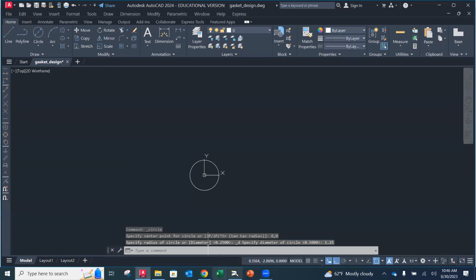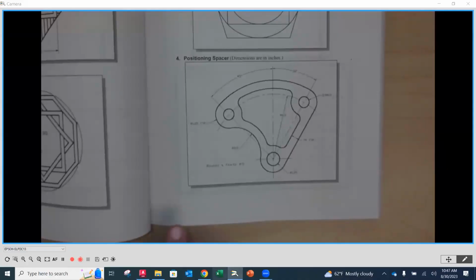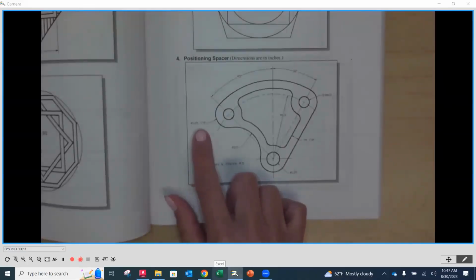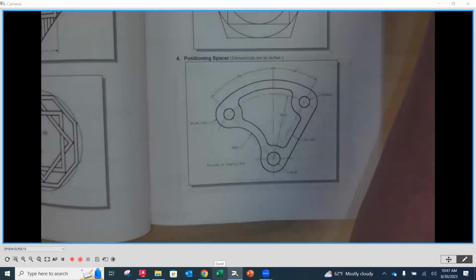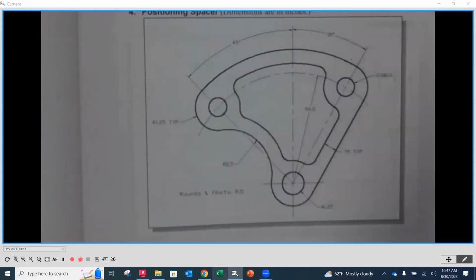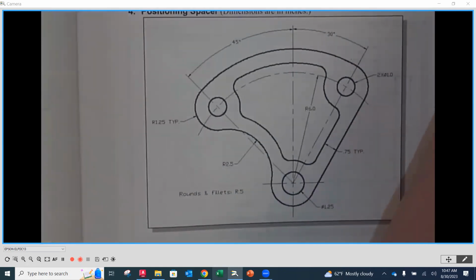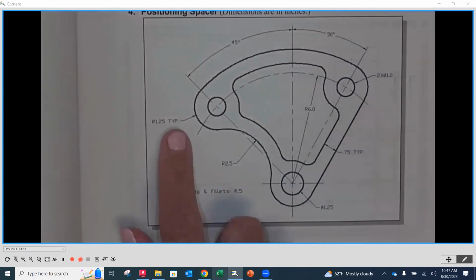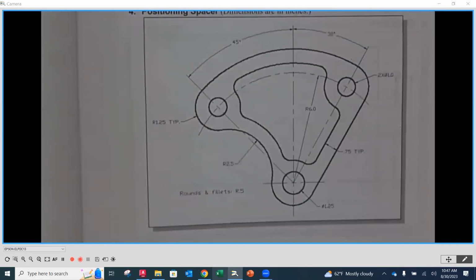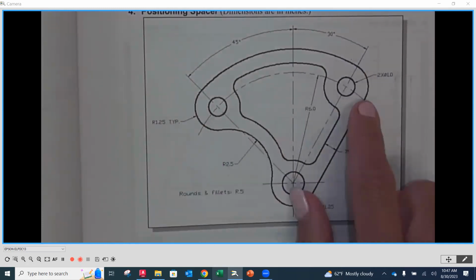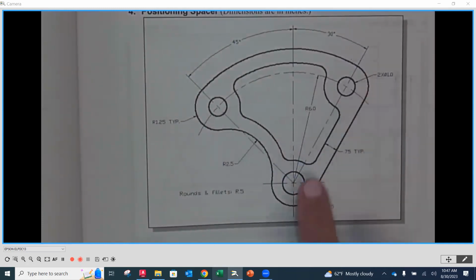So when we look at the dimensioning scheme here, on the outside of this one, it says R 1.25. And then in back of it, it says typical or TYP. That means that anywhere you see this radius, which is going to be here, here, and here, those are all going to have the same 1.25 radius.